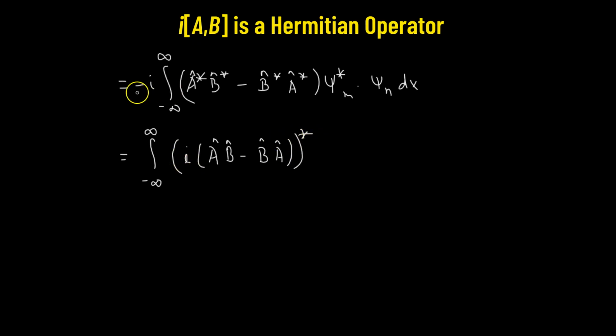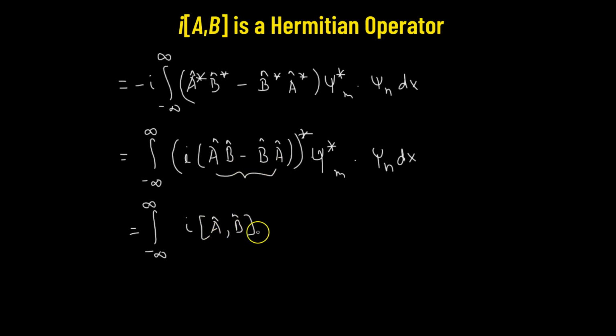The conjugate of i is simply negative i, which is how we have absorbed negative i inside. This operates on psi star m, all multiplied to psi n dx, and this is simply i times the commutator operator [A, B] operating on psi m, and we take the conjugate times psi n dx.